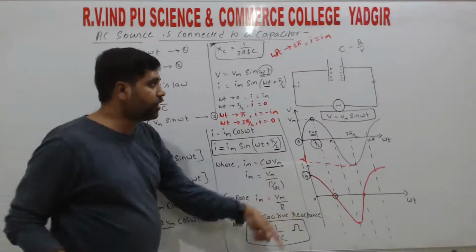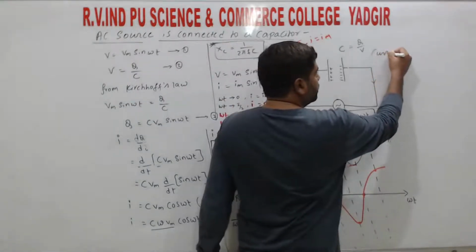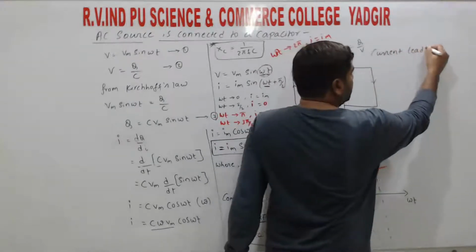So from this graph we can state that current leads, or is ahead. The current reaches its maximum value before the voltage, right?